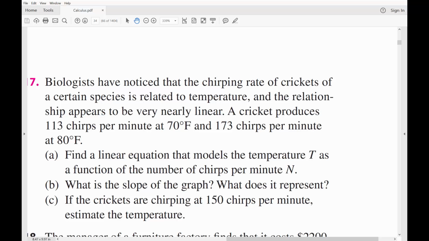It says, what is the slope of the graph? Well, we already found the slope, which was 1 divided by 6, so we have slope equal to 1 divided by 6. And what does it mean?